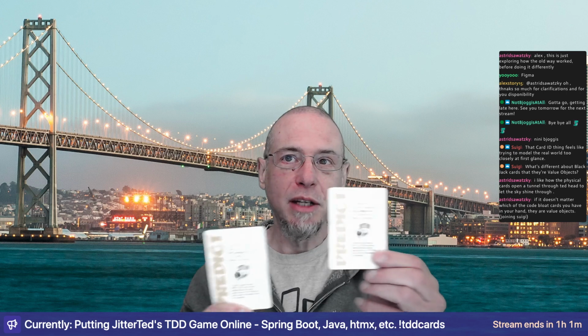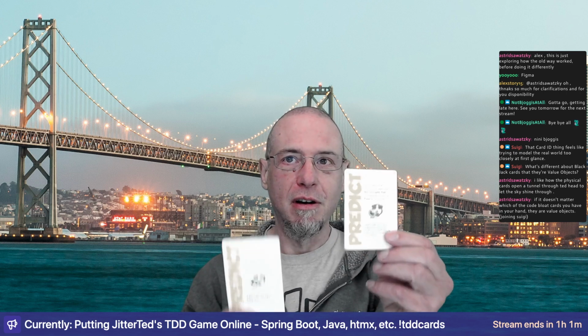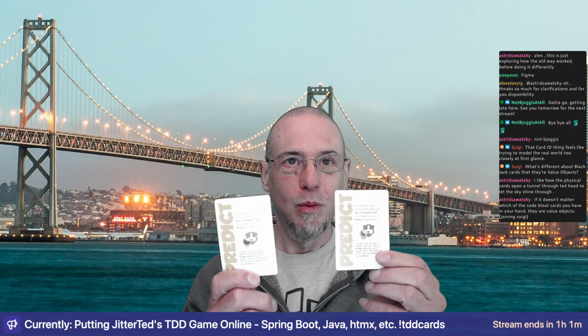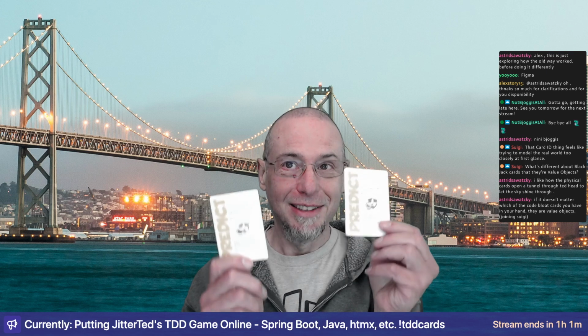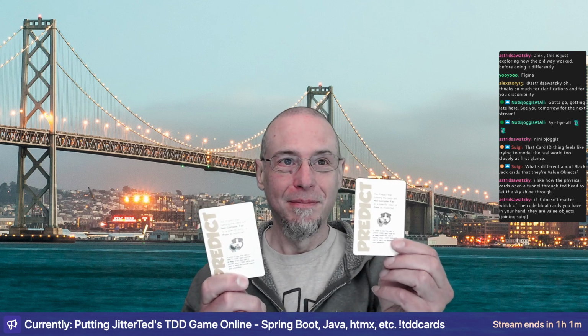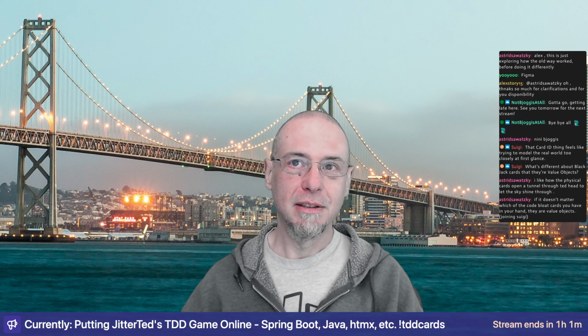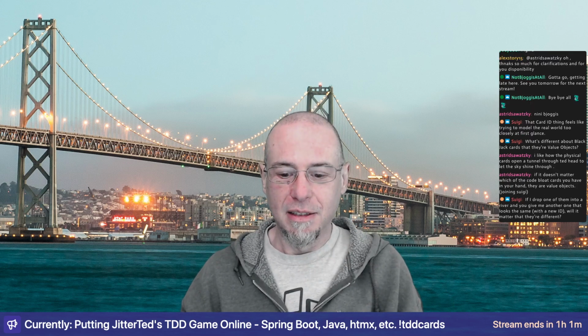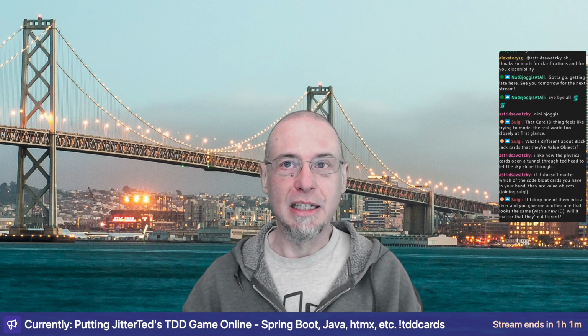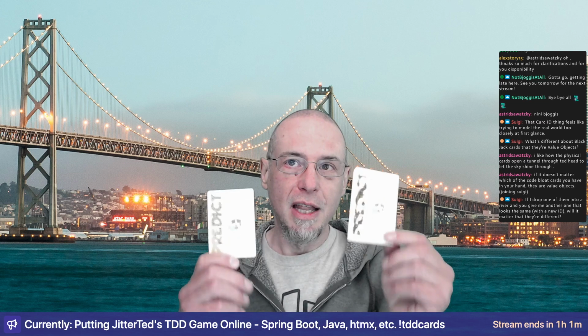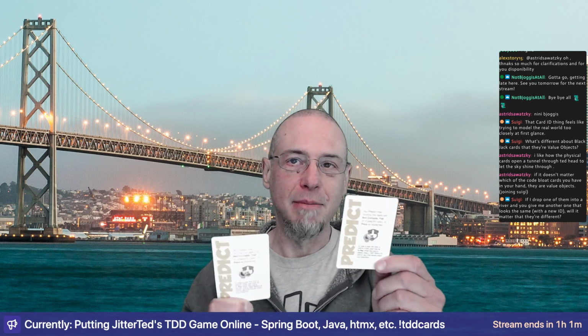There's no way you can tell by anything that's on the card that they're different, yet I am holding two of them. Therefore, they cannot be value objects. The definition of a value object is that it's defined by its attributes. These two things have exactly the same attributes.